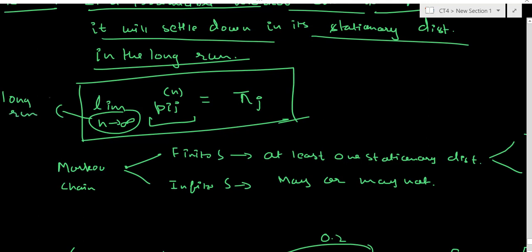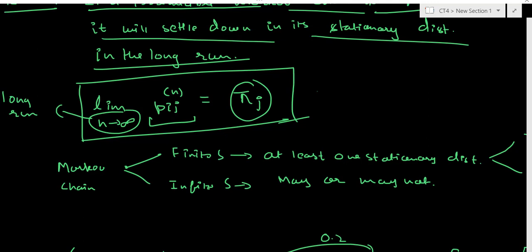When the Markov chain has operated for a long period of time, it will tend to settle in its stationary distribution, so it will become stationary. And once it has entered its stationary distribution, it will tend to stay there, because we have already discussed that if a Markov chain attains its stationary distribution at time t, it will continue to be in its stationary distribution forever. So these are a few things that you must note down.